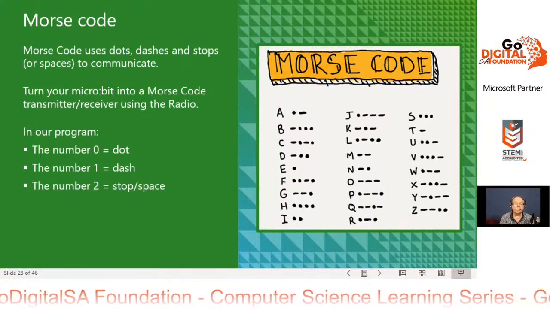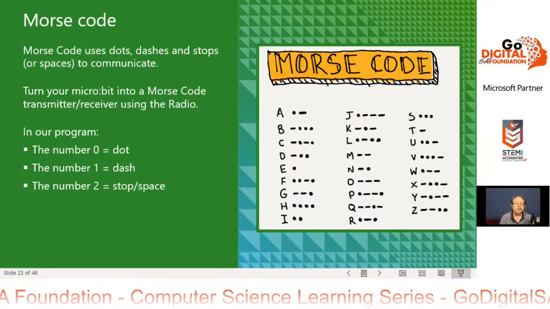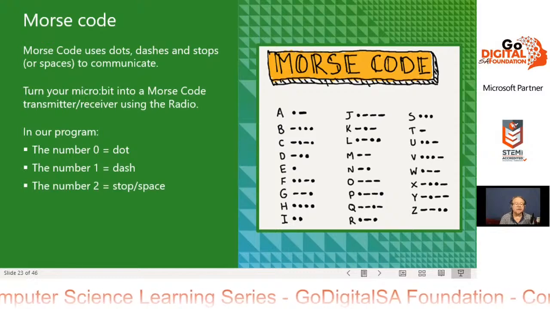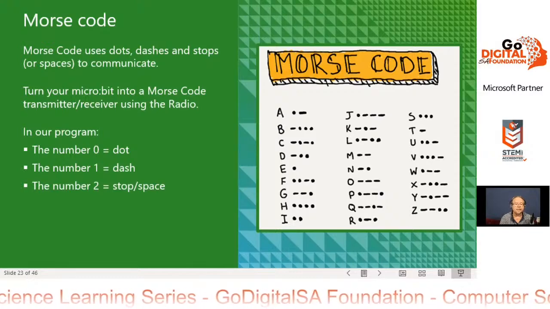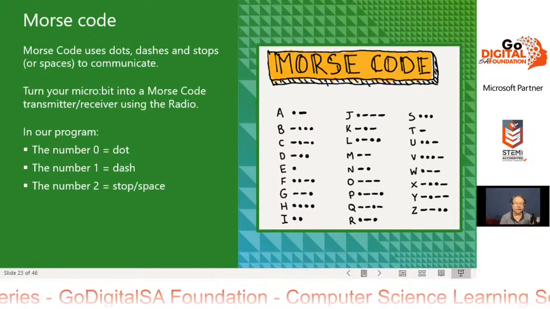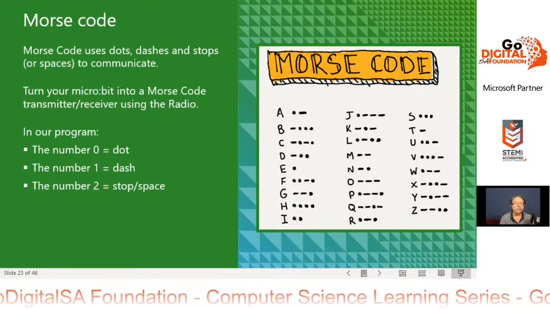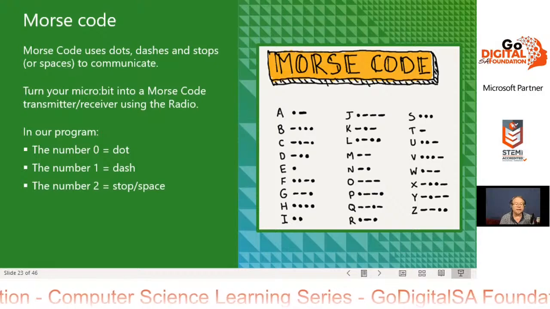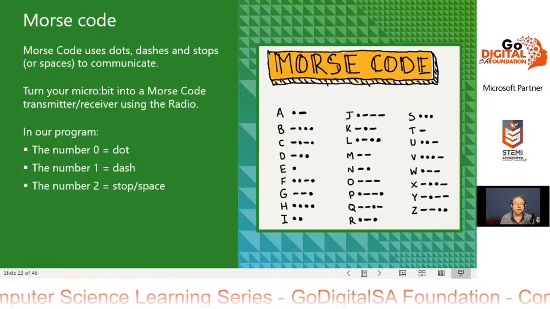Okay, here's a second example. This is Morse code. Morse code uses dots, dashes, and stops or spaces to communicate. So you can turn your microbit into a Morse code transmitter and receiver using the radio. In this program, 0 would be a dot, 1 is a dash, and 2 is a stop or space.